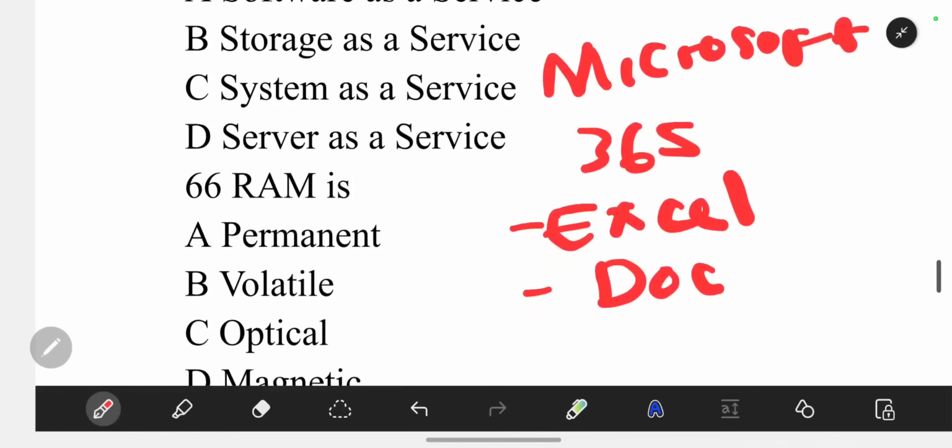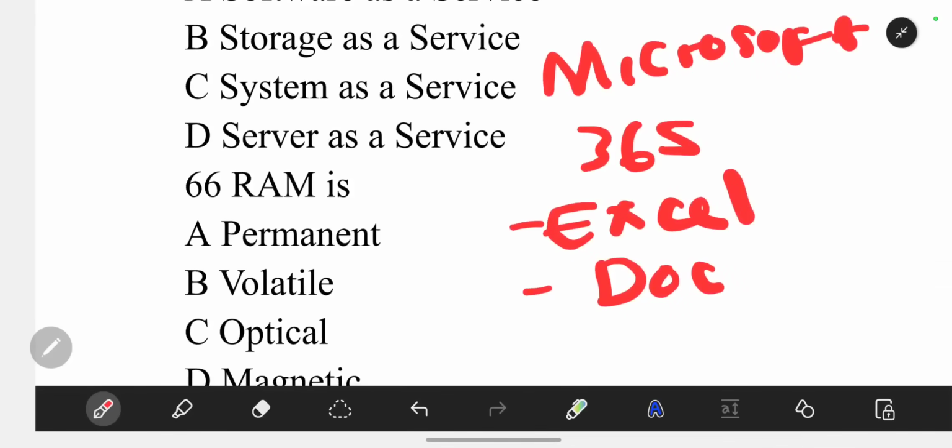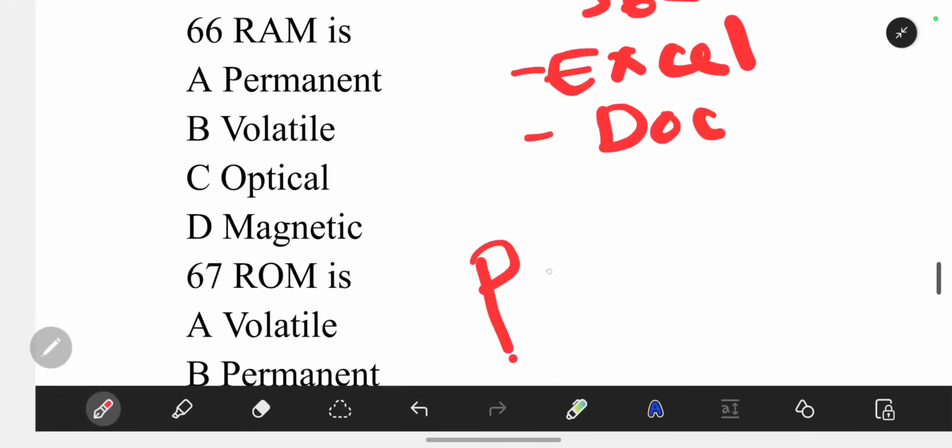There is another one which we call PaaS, which is platform as a service. So this allows you as a developer or a person to create certain applications.